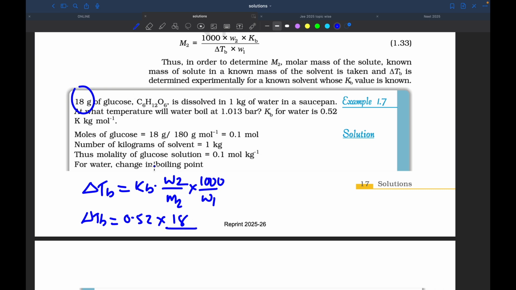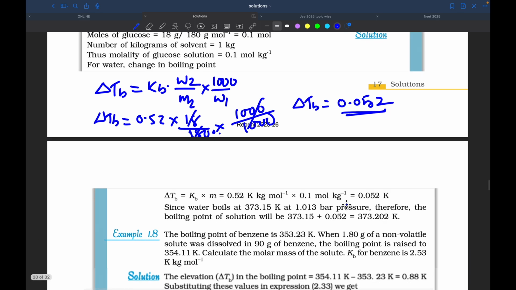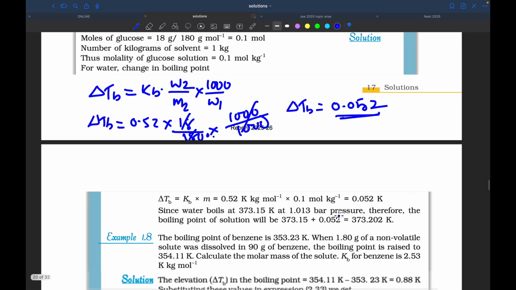Molar mass of glucose is 180. 180 times 1000 by W1. How many grams of water? 1 kilogram, 1000. So this gets cancelled. This is 0.1. So delta Tb equals how much is it? 0.052 came. Is that all? 0.052.